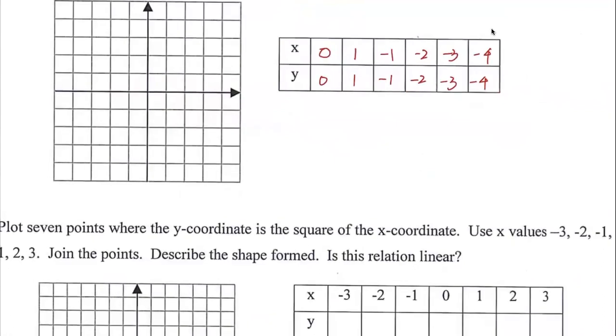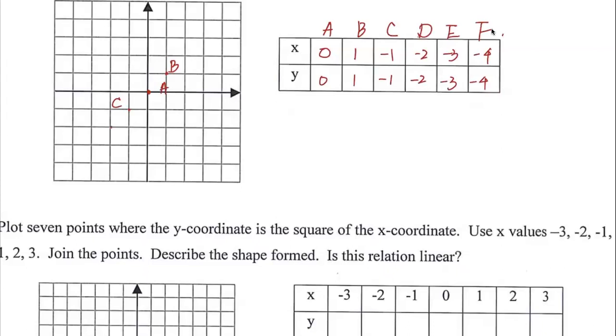0, 0. We know 0, 0 is the origin, right? So let's call this point A, this point B, C, D, E, F. So this is point A. Point B is 1, 1. This is B. Point C is -1, -1. D is -2, -2.